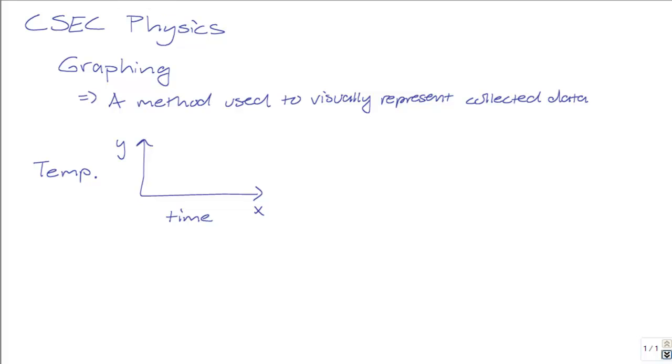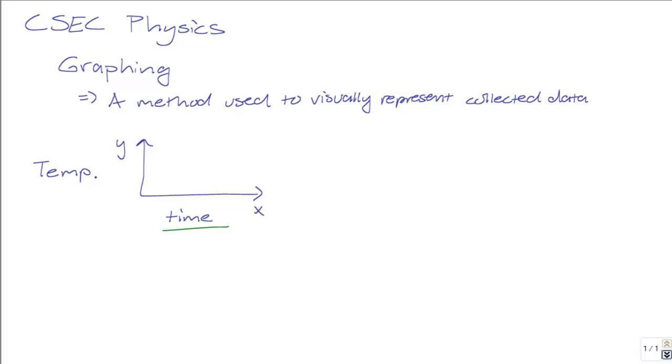Now usually the quantity that changes, or the one that you have physical control over, or the one which moves forwards by itself, the one that is independent of any physical interaction or control, is plotted on your x-axis.